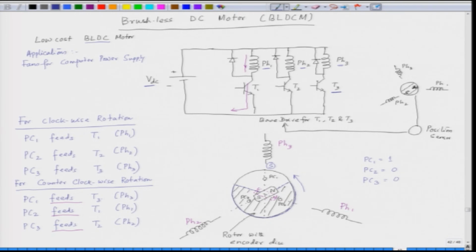Now, if we notice one thing, that the torque is being produced here, but the torque here is pulsating in nature. So, the torque is proportional to the angle between the two magnets. One is a permanent magnet, which is the rotor, which has the north pole and south pole. Another magnet is the electromagnet produced by the phase windings.